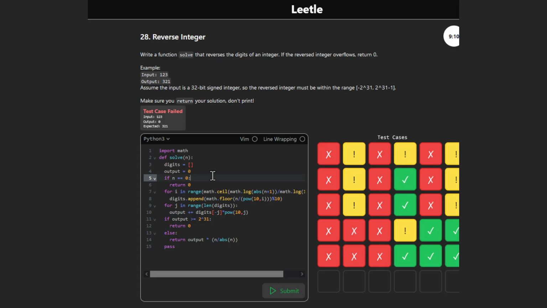And divided by 1, mod 10, means it's the last digit. So what's failing here? I don't know what's failing, and I don't know why it's not working. There's something here that's screwy.